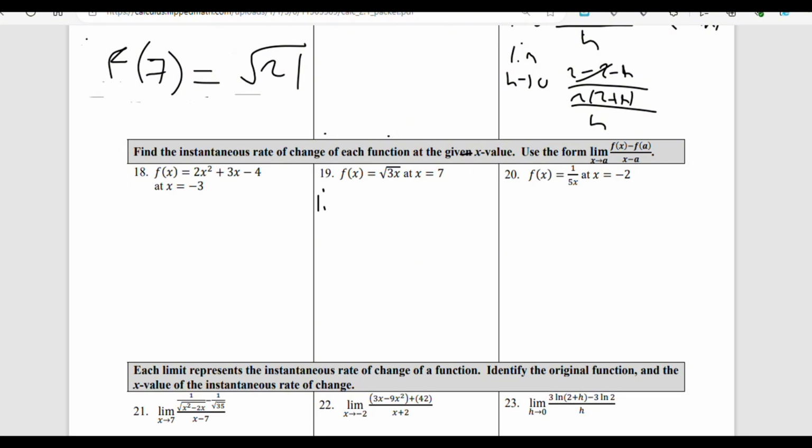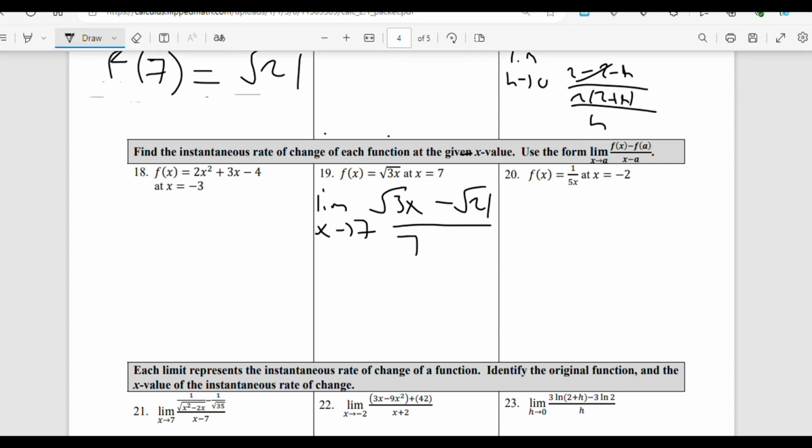So, limit as x approaches 7 is equal to f of x minus f of a, which we found out is square root of 21, minus x, oh my gosh, over x minus a.